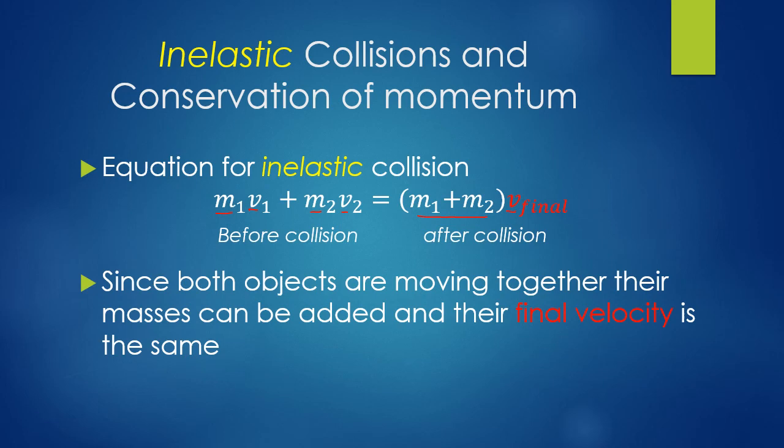Think of football players: when they collide, they are now one object. Their masses can be added together. They are one object going at one velocity. When we use this equation, we're going to be calculating this final velocity here.